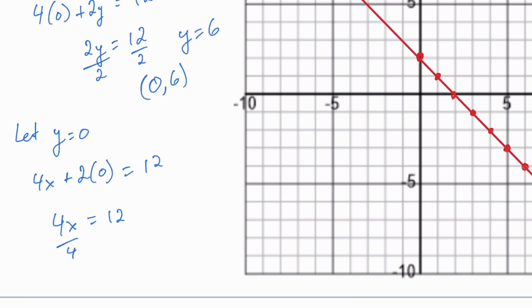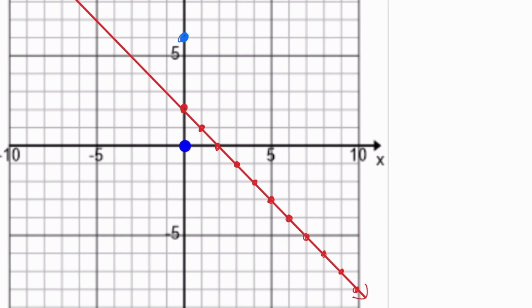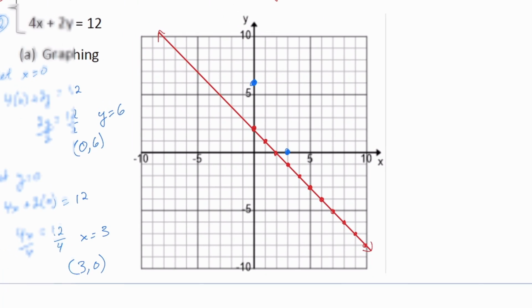Divide by 4 on both sides, and that gives me x is equal to 3. So this means that I'm going to have the point (3, 0) on my graph. So if I come back over to my graph, I'm going to start at the origin, and this time I'm going to go 3 to the right. 1, 2, 3. I'm going to have this point right here. And now I need to draw my line through those 2 points.